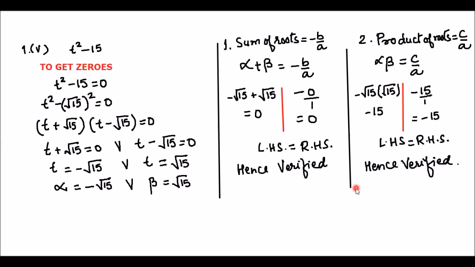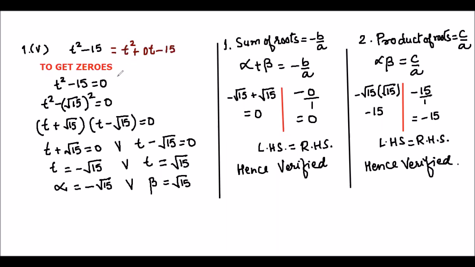So here the term with single power of t is missing. So we can also write this polynomial as t square plus 0t and then minus 15, so that you are able to understand what is a, b and c here.